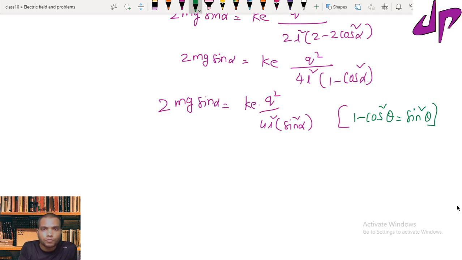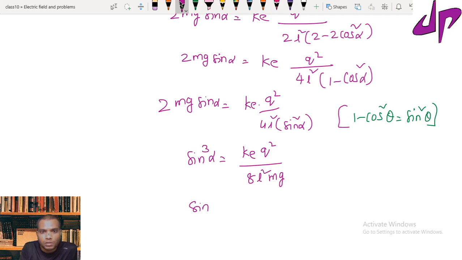Now rearrange the terms. If you rearrange the terms, you can write sin cube alpha equal to ke q square upon 8L square mg. So sin alpha equal to cube root of ke q square upon 8L square mg.